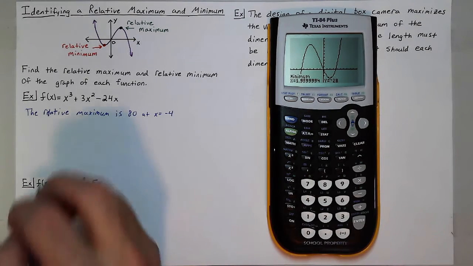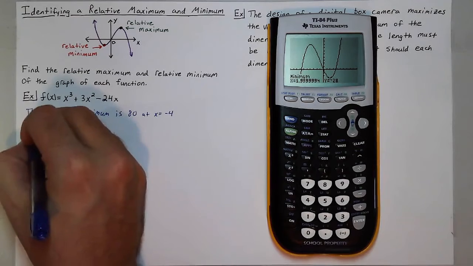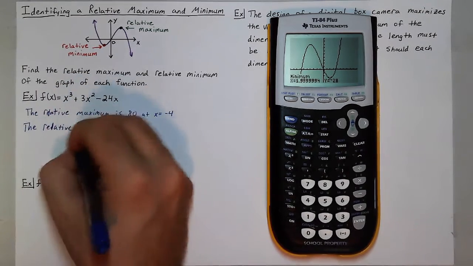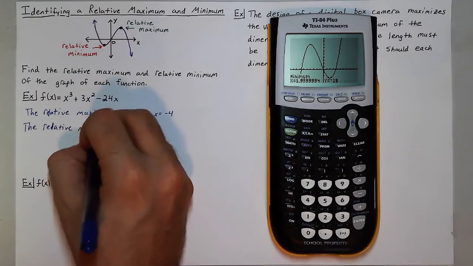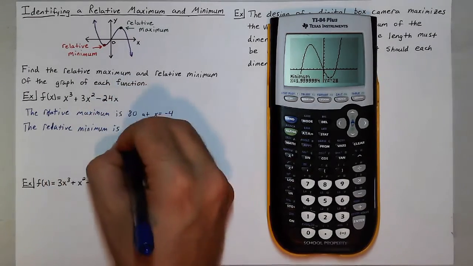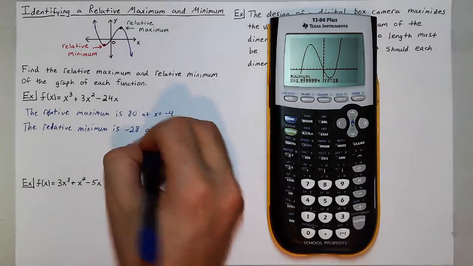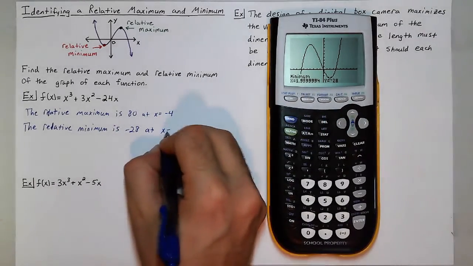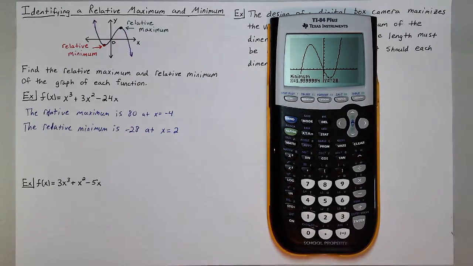So we say the relative minimum is -28, but it's going to be at, and that's basically 2 if I were to round to 3 decimal places. So I'll say at x equals 2. And that is how you find the relative maximum and relative minimum.